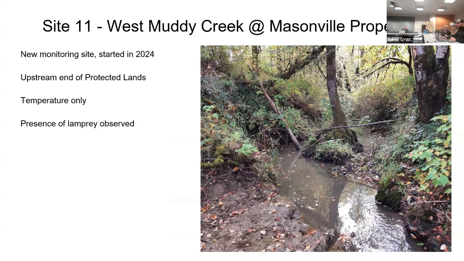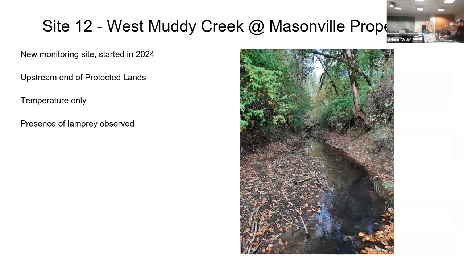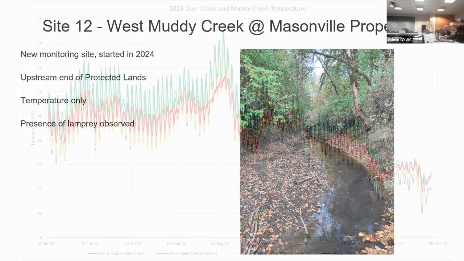This is where one of the lampreys was observed, and the temperature was significantly lower at the start of the season than farther down the system. And here's the very bottom of our property, and again, we saw lampreys at this site.